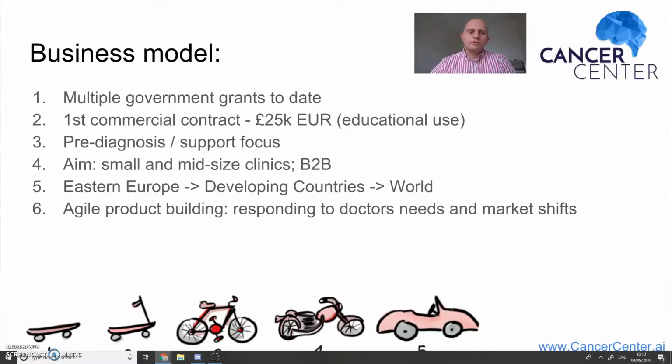We are also concentrating on fast-growth developing countries, especially Eastern Europe, not only because this is our neighborhood, but also because there is a hunger for innovation and wanting to catch up with the Western world. The regulatory requirements are not as costly, and there is a good availability of government and European grants supporting innovation.